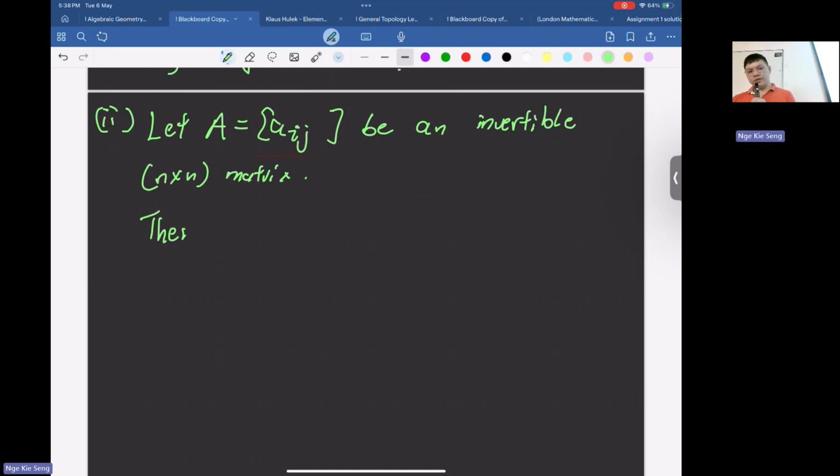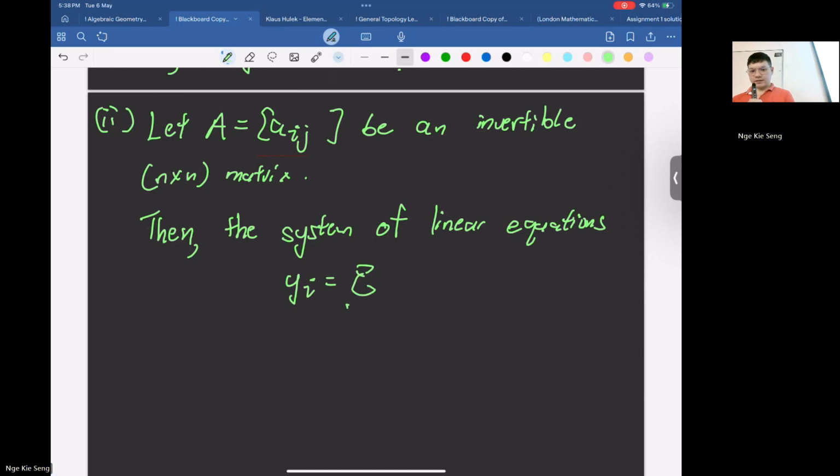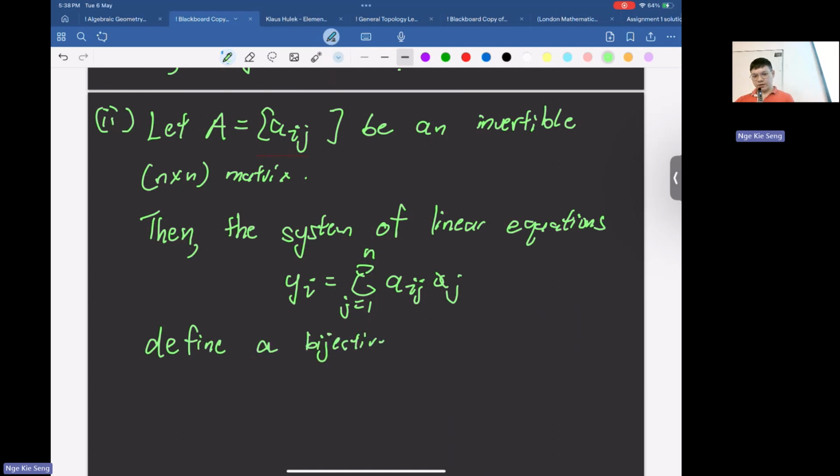Then the thing you study in linear algebra says the system of linear equations formed by this matrix should have a solution. But in our context, we will see this linear map as a bijective polynomial map.